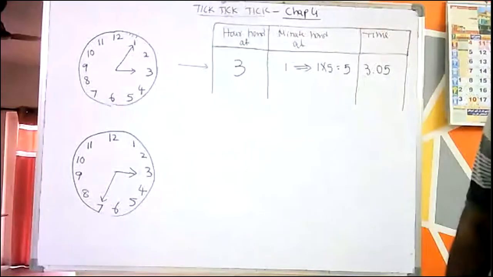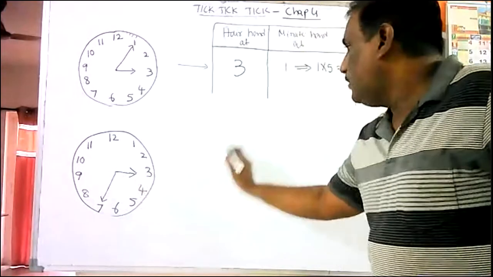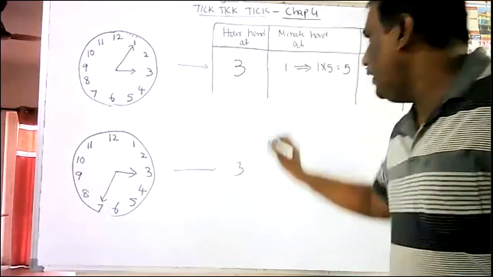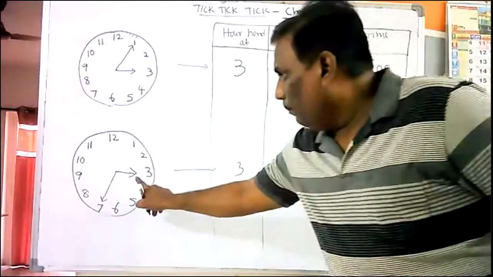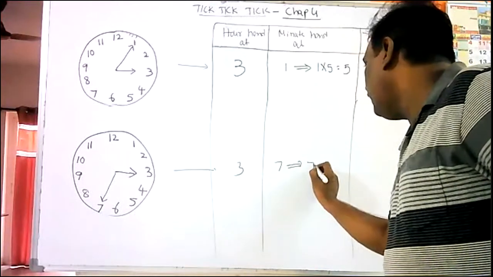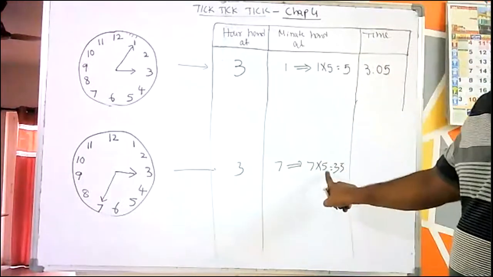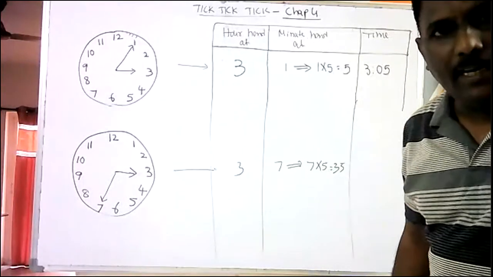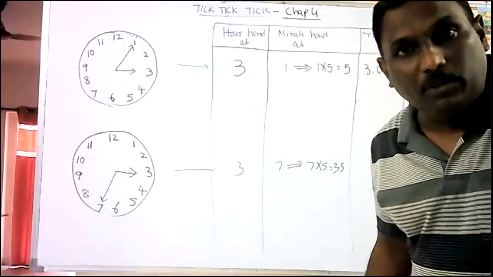Second example I am giving. Our hour hand is at 3. Minute hand is at 7. That means it is 35 minutes. Wherever the minute hand is, you have to multiply with 5.